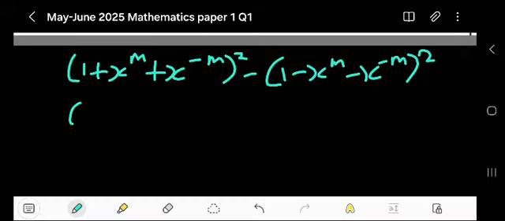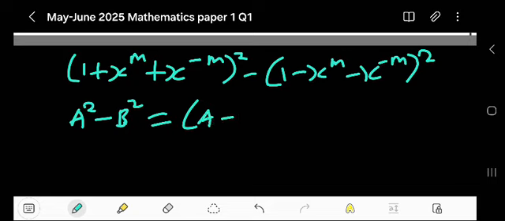Let's say, I will say x and y, but okay fine, let me say a and b for argument's sake. If you have a squared minus b squared, like this, if you factorize this, we know this is a difference of two squares.